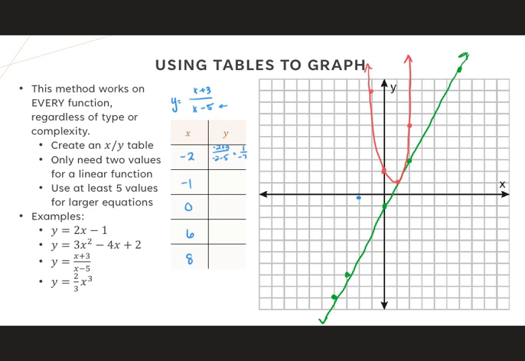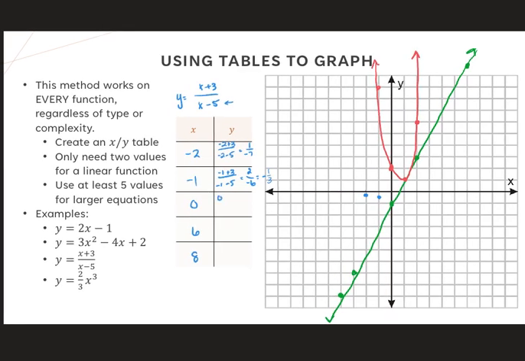I'm changing my mind because you wouldn't know this part just yet. All right, so negative 1 plus 3 over negative 1 minus 5. Negative 1 plus 3 is a 2. Negative 1 minus 5 is negative 6. So that's negative 1/3. So negative 1, it gets just a little bit farther away.